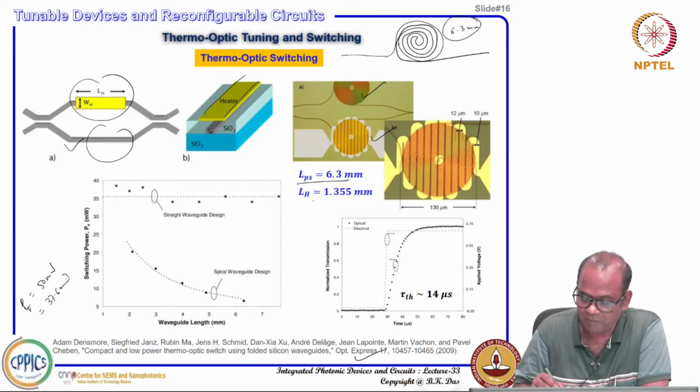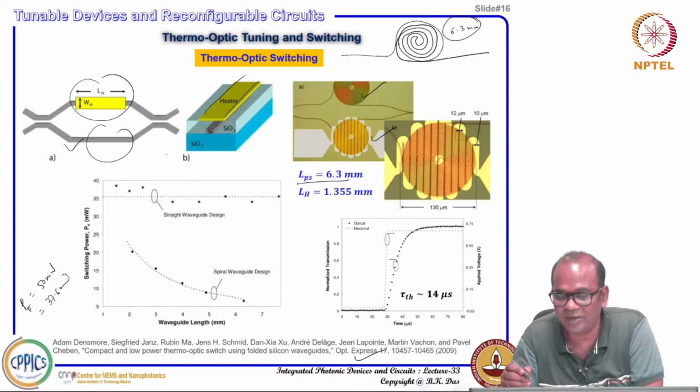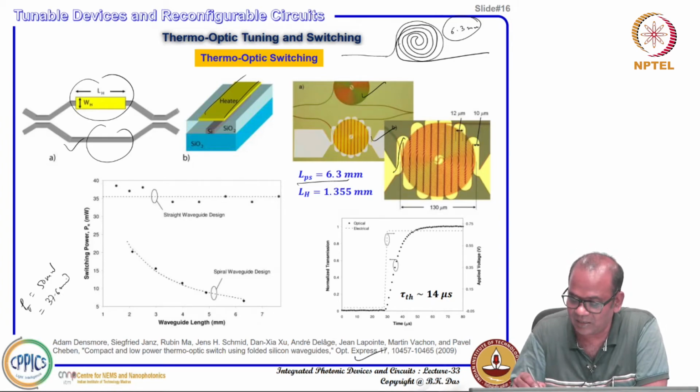On top of it, microheaters are deposited, but the microheater is not a straight microheater. Instead, there is a meander type microheater deposited on top of the spiral waveguide. Okay, this is the microheater. You see the separation between two lines is 2 micrometer and the width of the microheater is about 10 micrometer.